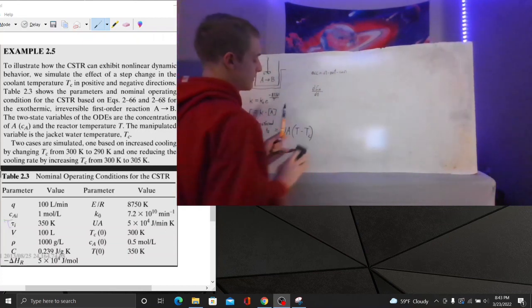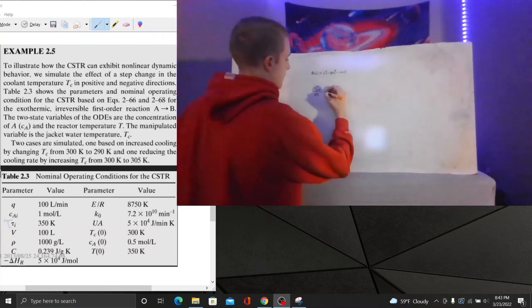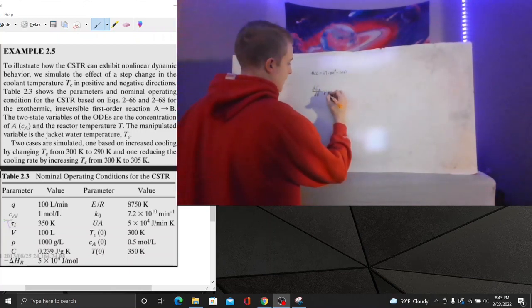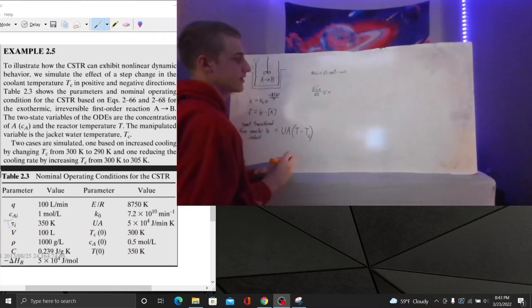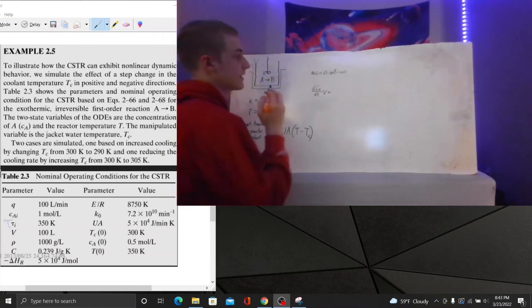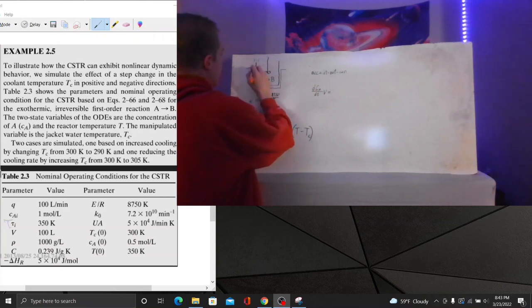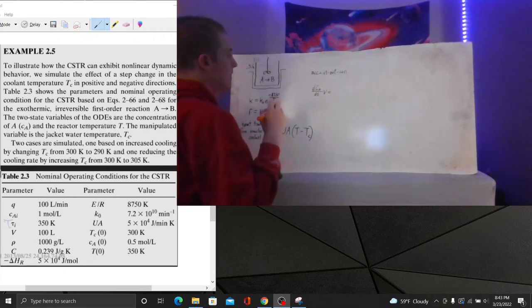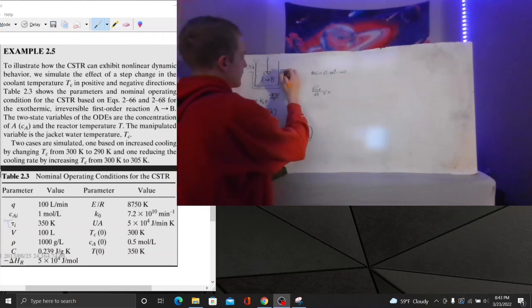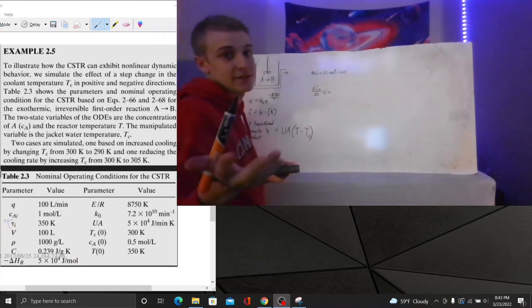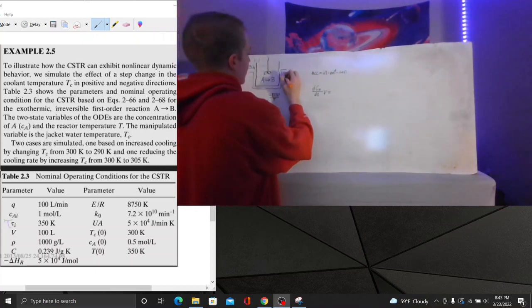And then to get this just in our mass, which is moles for this situation, we're going to need to multiply by volume to get these to cancel, as you can see there. So that means that we have to multiply this by the volume, and that'll be the left-hand side of our equation. And then now, we need to figure out what is going in, so that'll be our flow rate in, Q, and it will actually be the same flowing out, because it doesn't say it's changing in our problem.